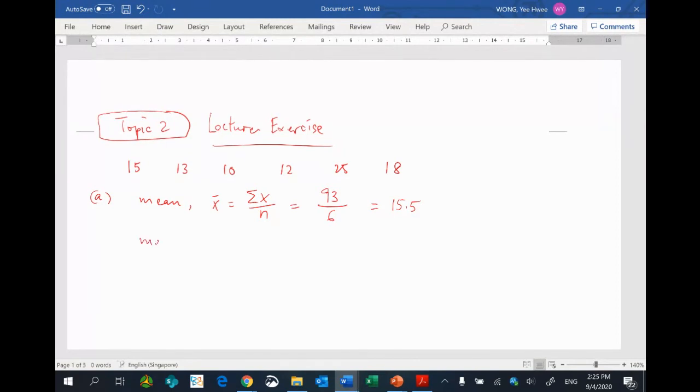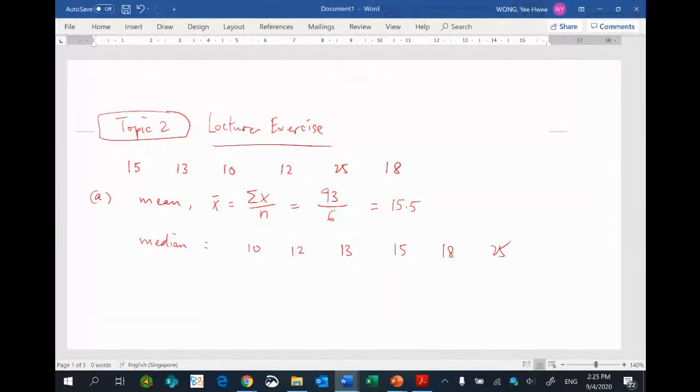Median. Before you do anything for median, make sure you arrange the data first. You arrange the data from the smallest to the highest: 10, 12, 13, 15, 18, and 25.